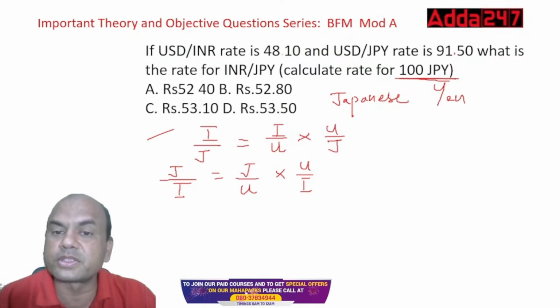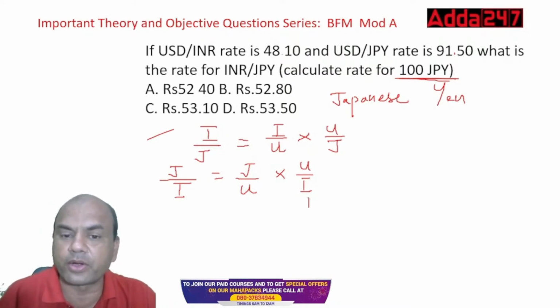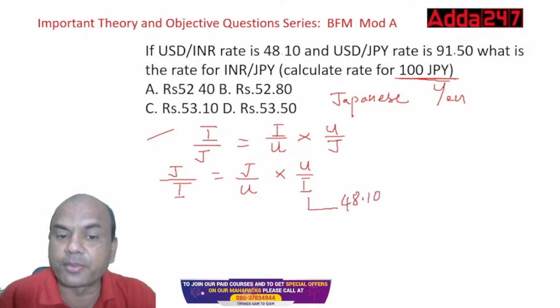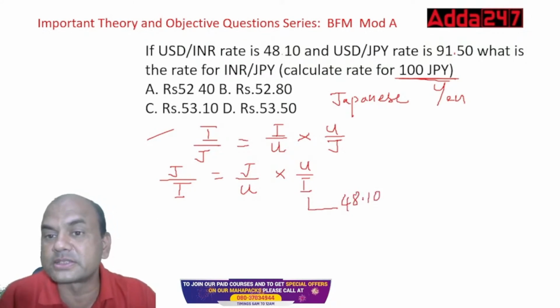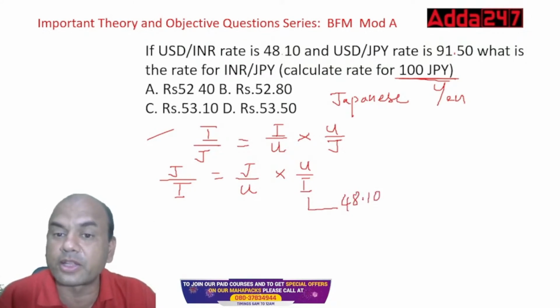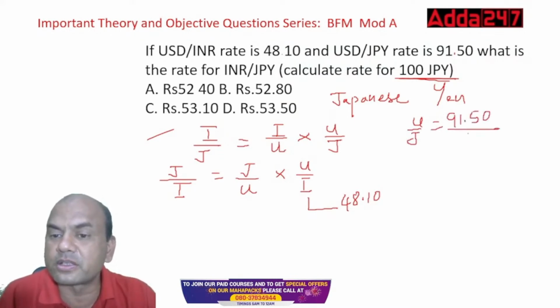So JPY to USD, what is the rate? And USD to INR you know, it is 48.10. JPY to USD you don't know. We have 91.50, but that is USD to JPY. So if I want JPY to USD, it is 1 upon 91.50.